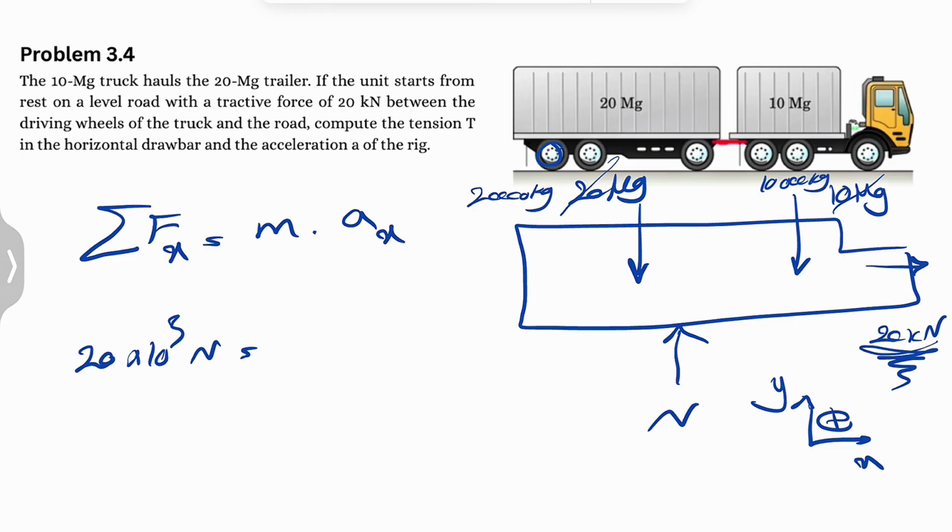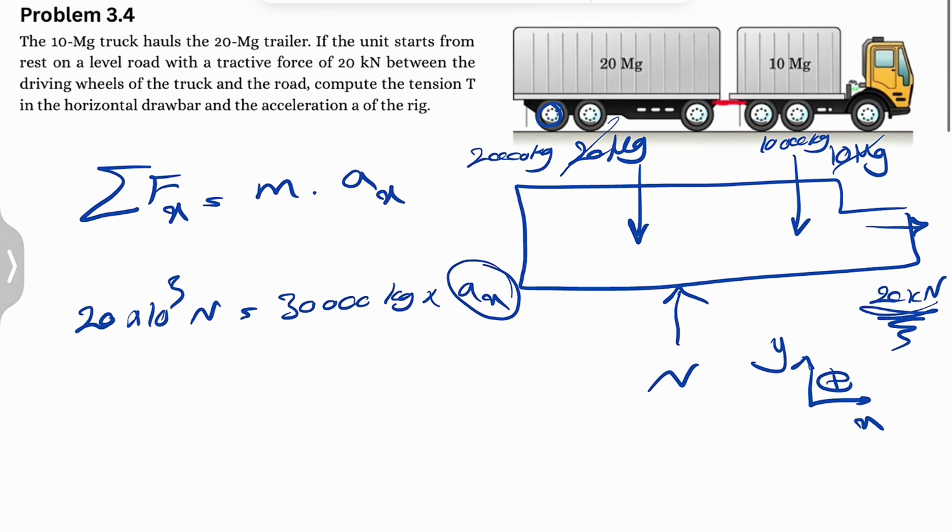So the mass of the whole thing is 20 plus 10 megagrams, or 30,000 kilograms, times a_x, which gives us a_x in meters per second squared.